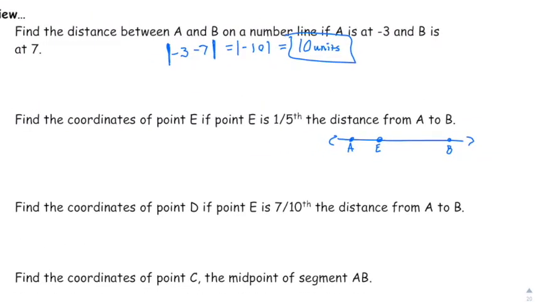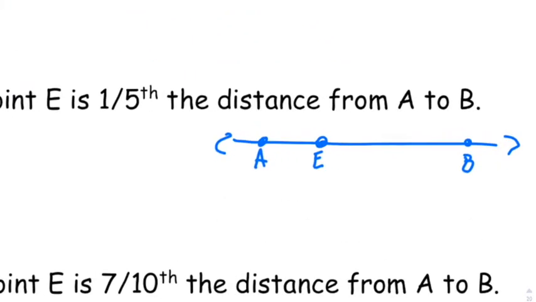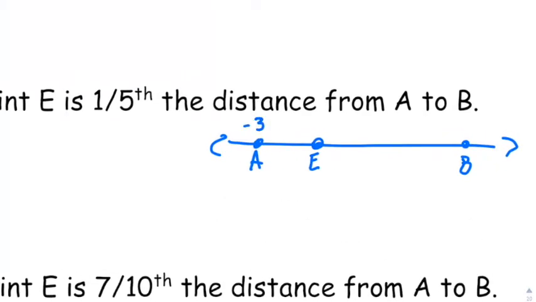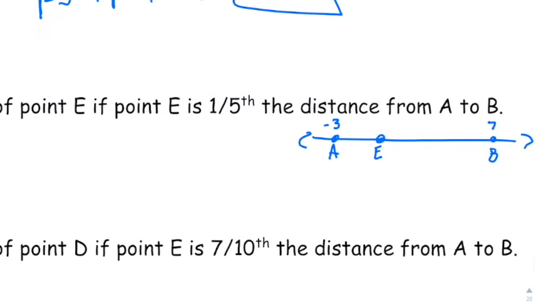So what we're going to need to do is actually find that same distance. I guess we're assuming this is the same number line. So A is at -3, B is at 7. Okay. And then we'll do that same thing again. If you want to rewrite it again, you can. You don't necessarily have to. I'm just going to skip and put that as 10 right there.